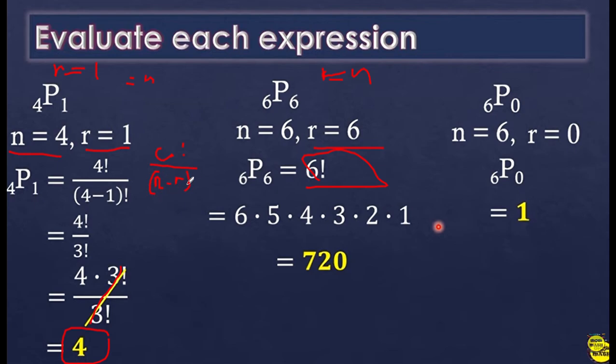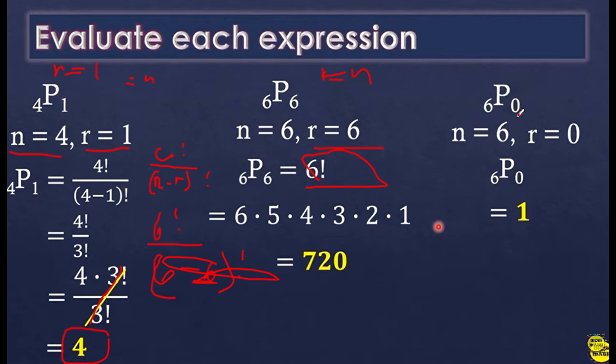So we have 6 factorial over, si n kay 6 man, minus 6 factorial. So we have 6 minus 6 is 0 man siya. So 0 factorial is 1. So 6 factorial na lang ang mabilin. 6 times 5 times 4 and so on, and your answer is 720.